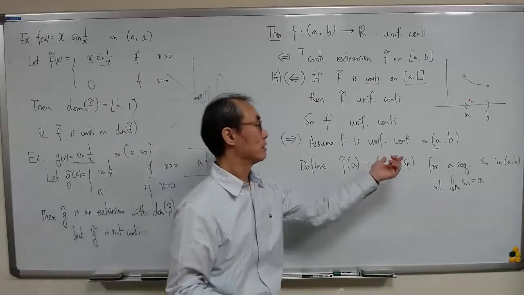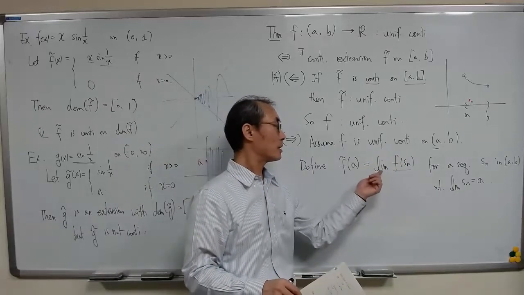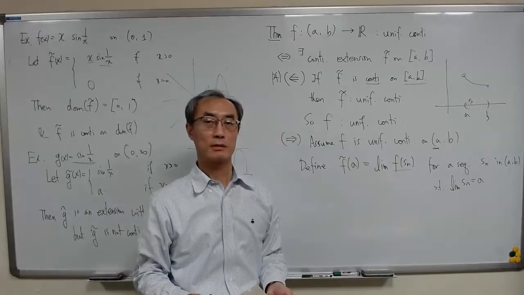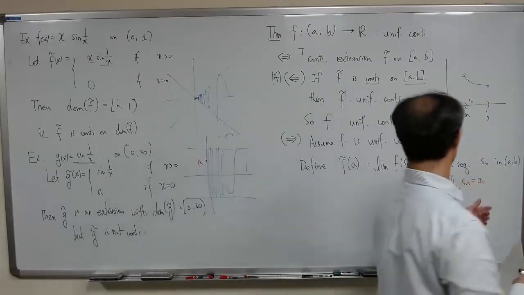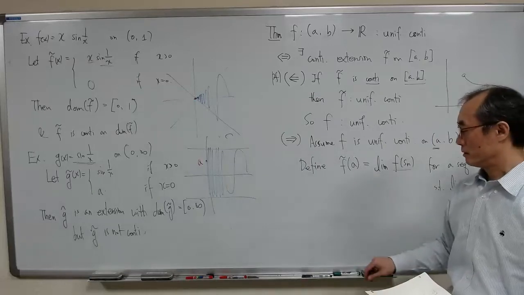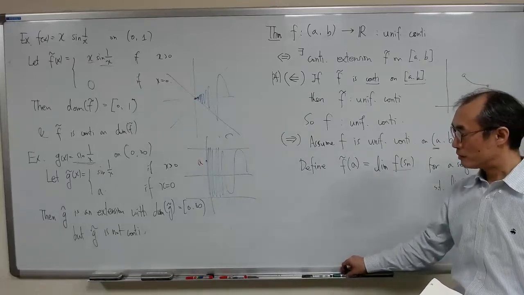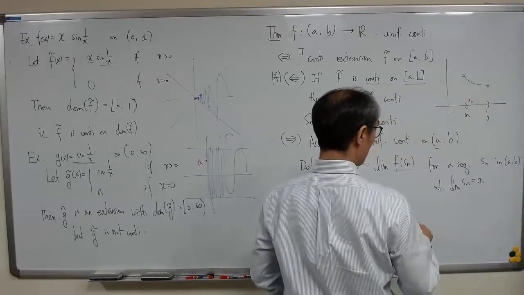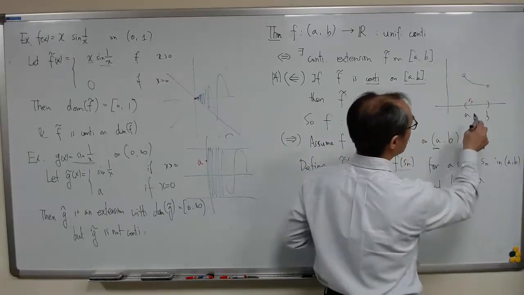Okay? There are a few things that we need to worry about. At first, does this kind of limit converge for a sequence? In addition to the convergence, there are many different sequences.